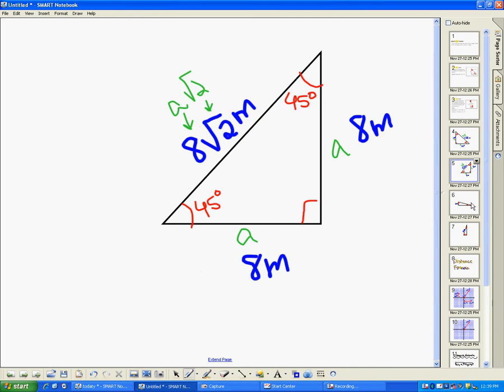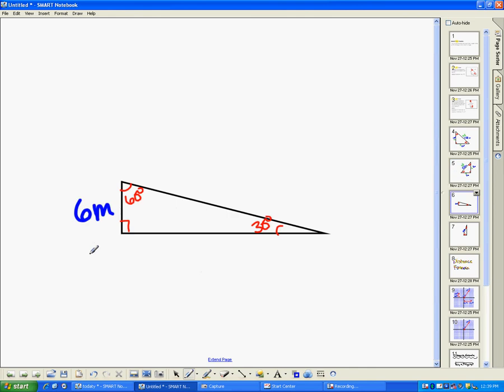Alright, now let's look at a 30, 60, 90 degree triangle. Again, with a 30, 60, 90, here is your right angle, so that means this is a leg and this is a leg coming off. And your shorter leg is going to be represented by A. Your longer leg is A square root of 3, and then the hypotenuse is equal to 2A.